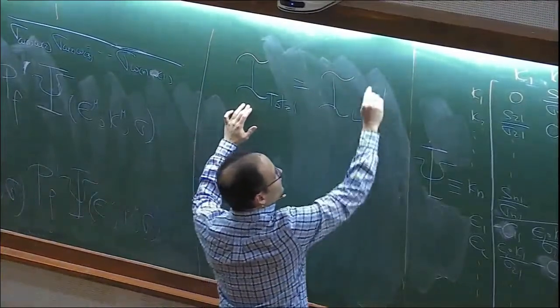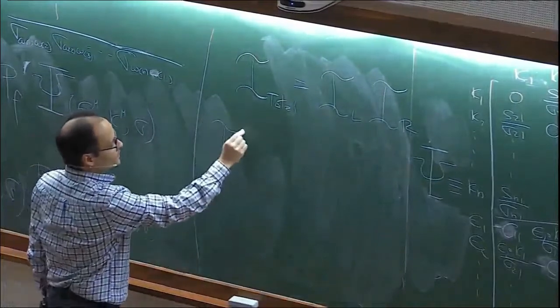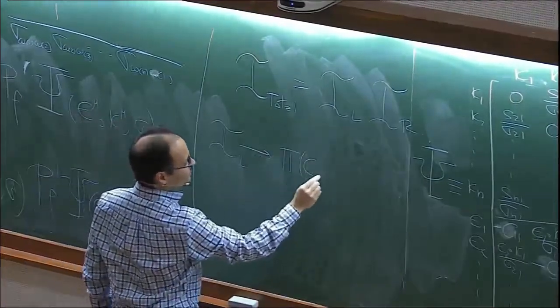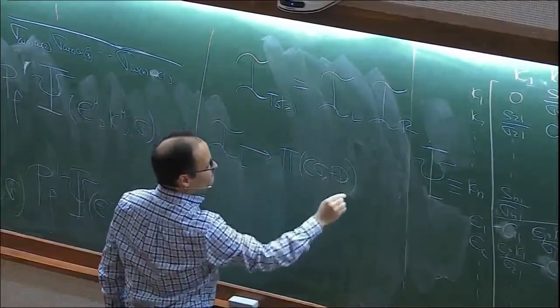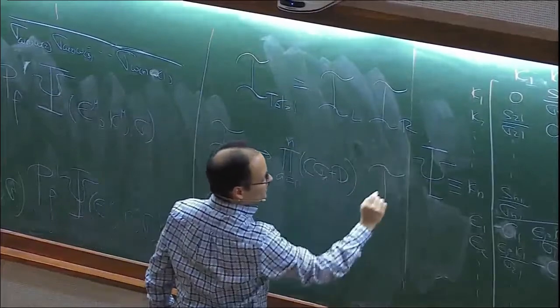And we started by dividing this into 2, and we said that each piece had to transform under SL(2,C) like this.